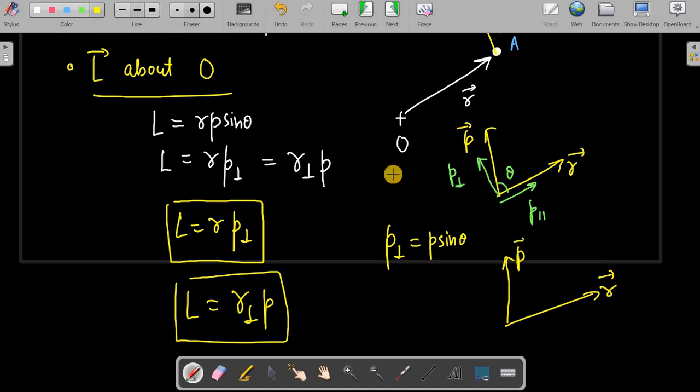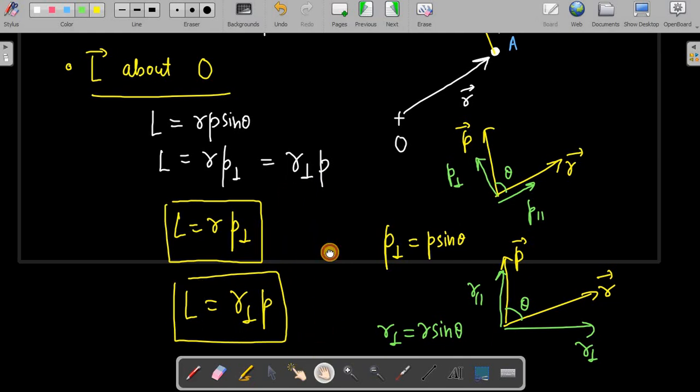So let's resolve R, and if this is angle theta, R can be resolved parallel to P and perpendicular to P. So R perpendicular is R sine theta. So depending on the question or given condition, we can resolve any one of them and you can calculate exactly similar to torque.